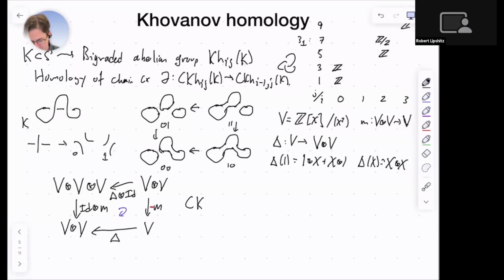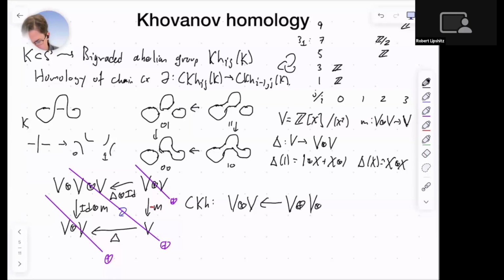And then you just collapse it to get a chain complex. So you take the total complex. That is, I'm going to take the direct sum over diagonals. So take direct sums along these diagonals. So it gives me V tensor V, V plus V tensor V tensor V, and V tensor V. And the maps are just the direct sums of the maps that you had.